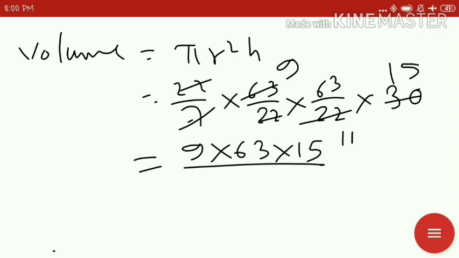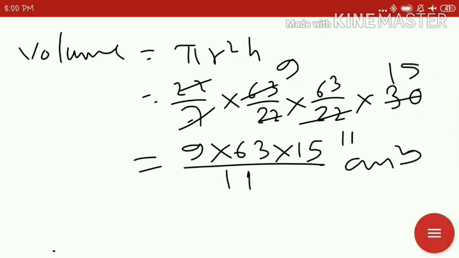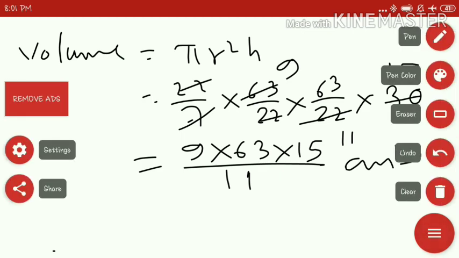Now already you have started to follow that some of the numbers are common in both the volumes. It will be centimeter cube. So now we'll find the ratio. You can see that 15, 9, and 11 are common, and whenever we are going to find out the ratio, they will be cancelled.